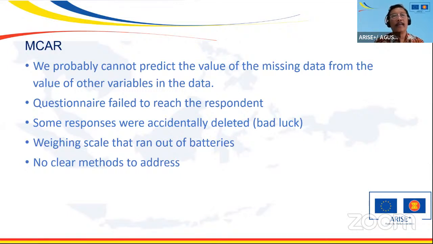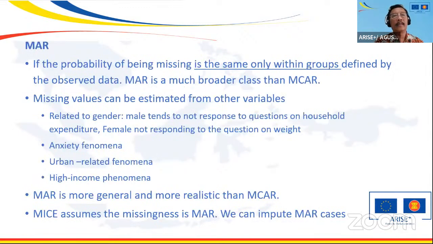That's all. Okay, and MAR, missing at random. This is also random, but not completely at random, so partially at random. This means the probability of missingness is most likely related to some variables, so it applies only to some groups.